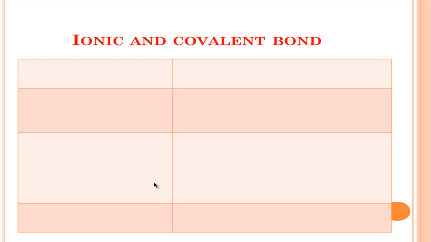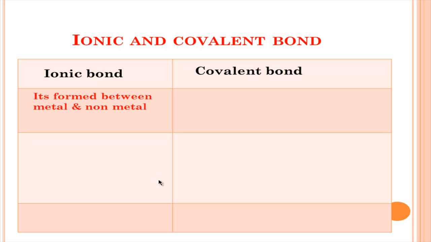We have 2 types of chemical bonds, ionic bonds and covalent bonds. Now we will make a comparison between them. Ionic bond arises between metal and non-metal, while covalent bond arises between atoms of non-metals.